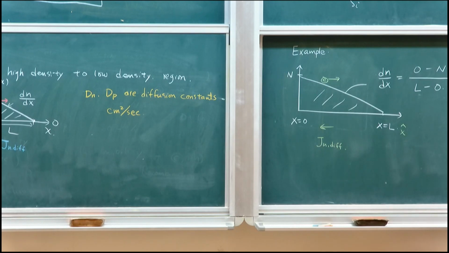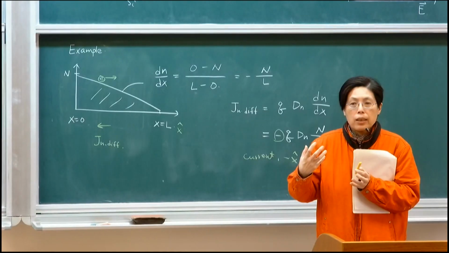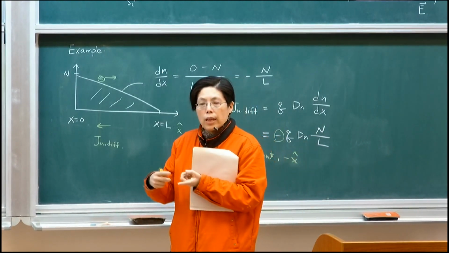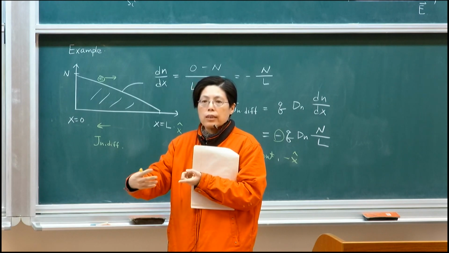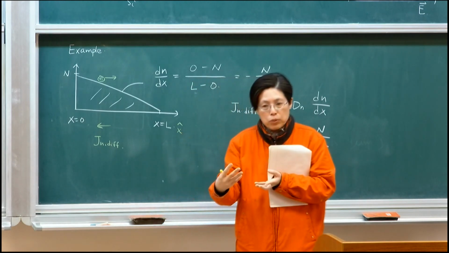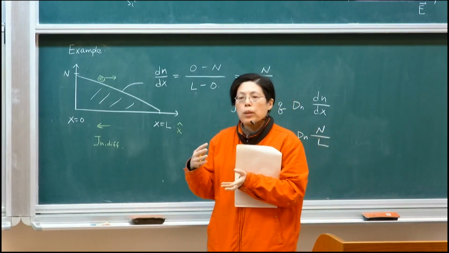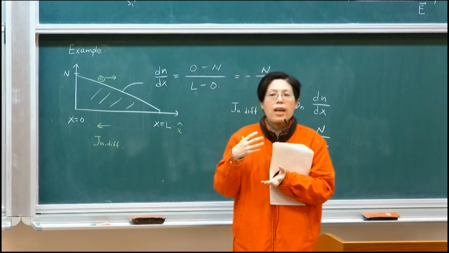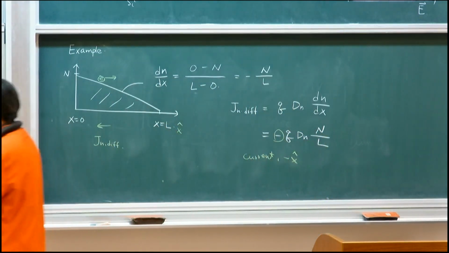If you think about it, diffusion is actually forced by thermal energy. And depending on how fast a carrier can diffuse, it will then depend on how fast it can move. So there's a relationship between diffusion constant and mobility. I'm just going to write that down.